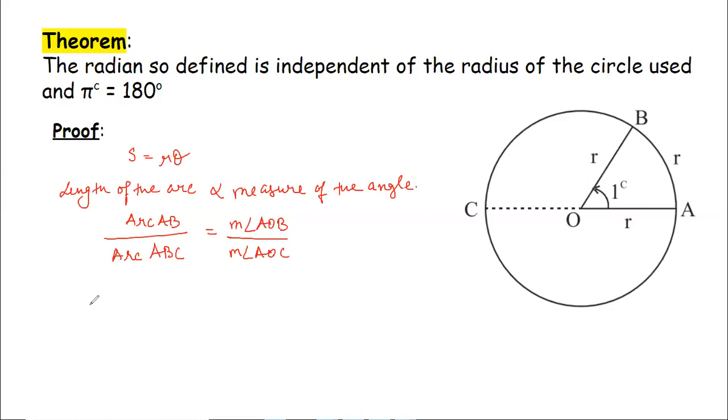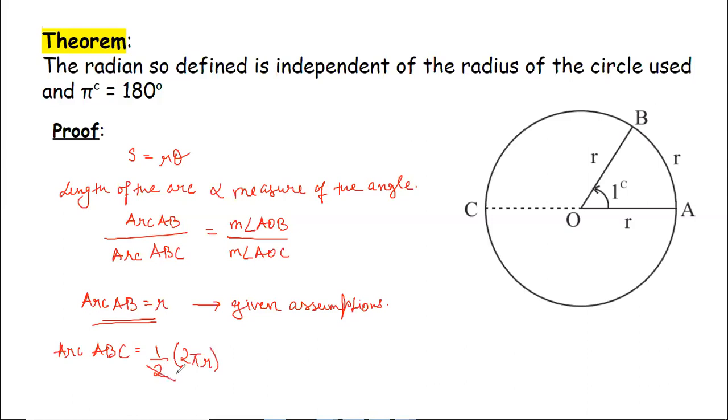Now arc AB is equal to R. We got this from the given assumption. Arc ABC is half of the entire circumference of the circle, so that will be half of 2 pi r. The 2 and 2 get cancelled, and you are left with pi r. So this is the substitution for arc ABC.